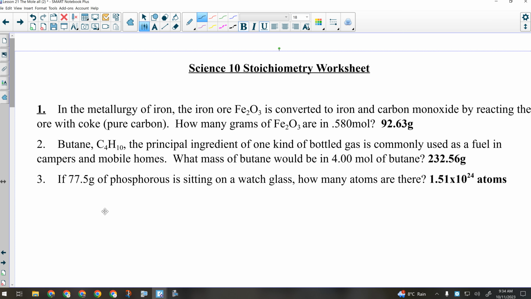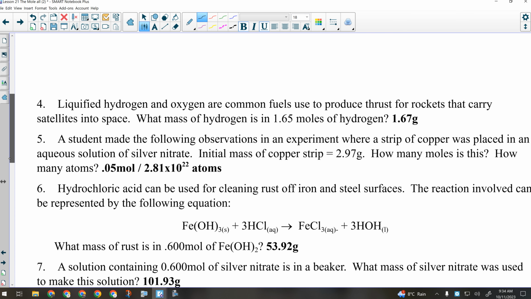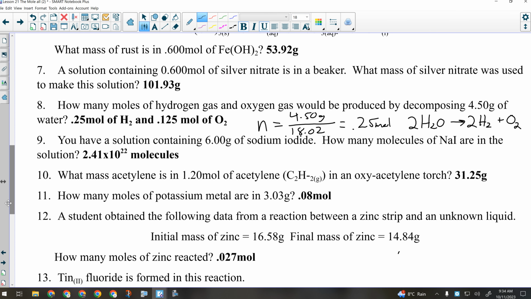So that's why the ratios of what I've got here are the same as the ratios in my reaction. Twice as many moles of hydrogen as oxygen, or the same number of moles of hydrogen and water, according to the balancing of the reaction.